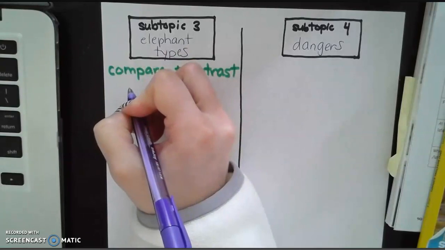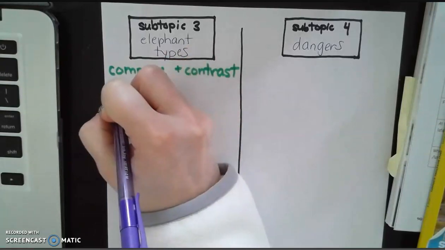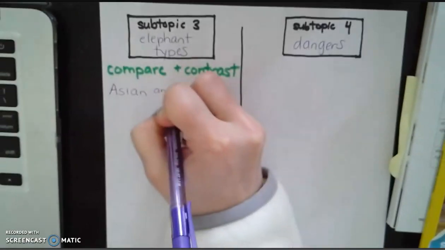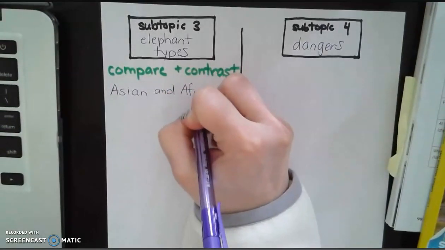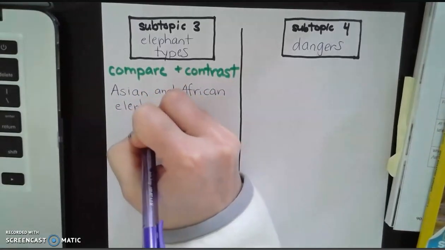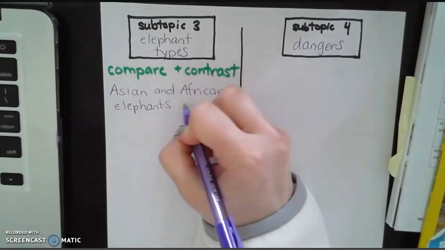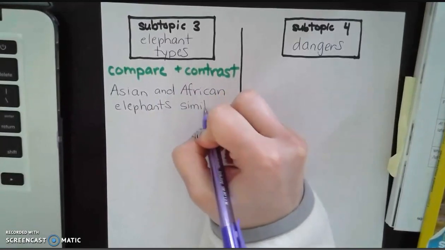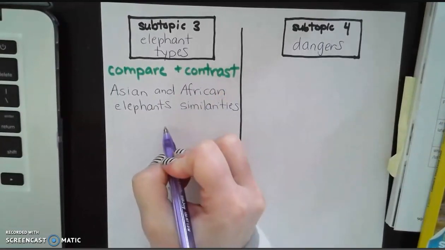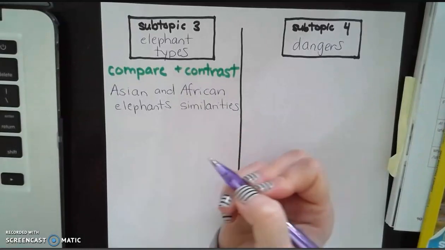And I'm also going to label the types of elephants. So I'm going to say Asian and African elephants. Similarities. Now right here underneath, I'm going to write all the ways they're alike.